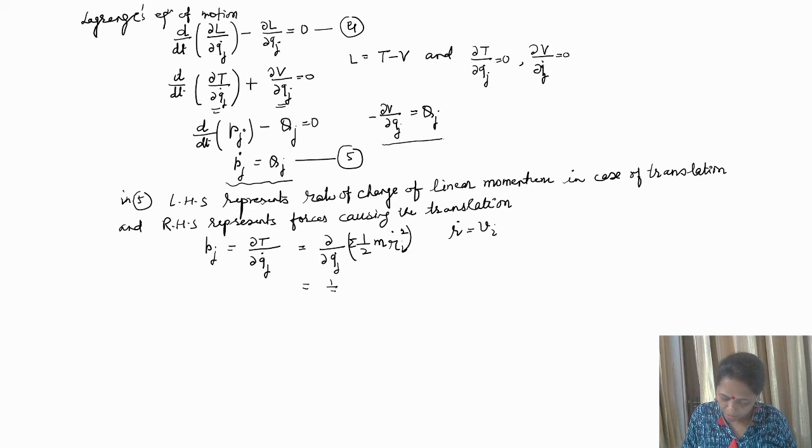This will be half mi, twice ri dot, delta ri dot by delta qj dot.